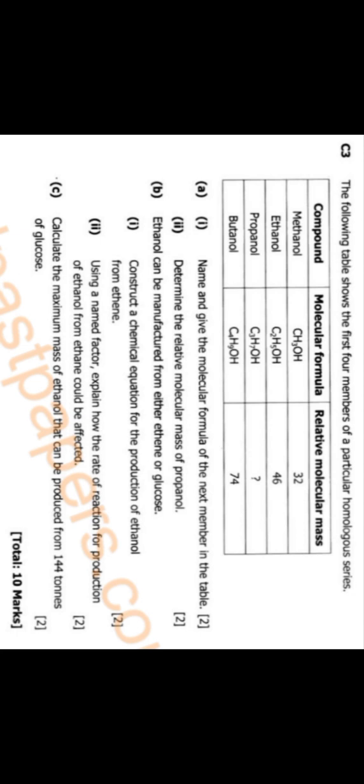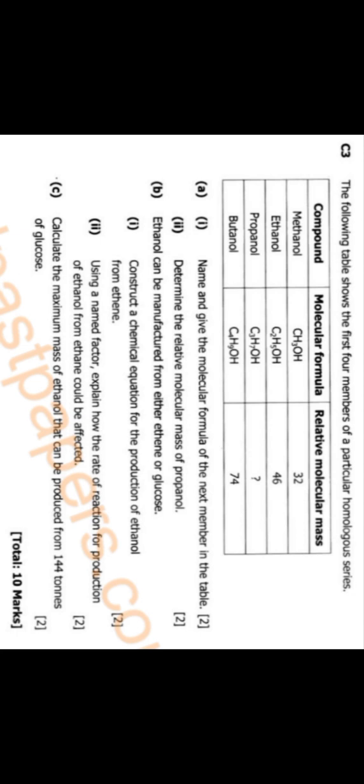Ethene is an alkene. To have an alcohol from an alkene, the process is hydration, where steam or water is added across the double bond of the alkene. The equation is ethene plus steam gives ethanol: C2H4 + H2O = C2H5OH.